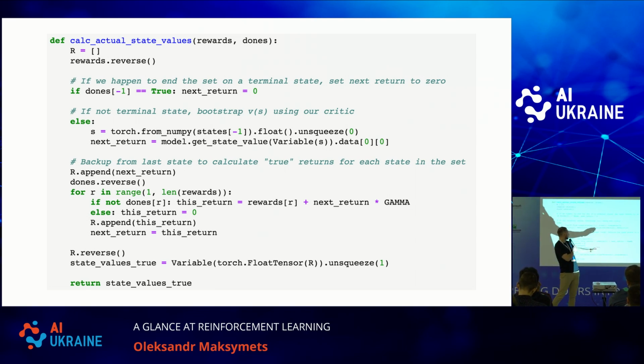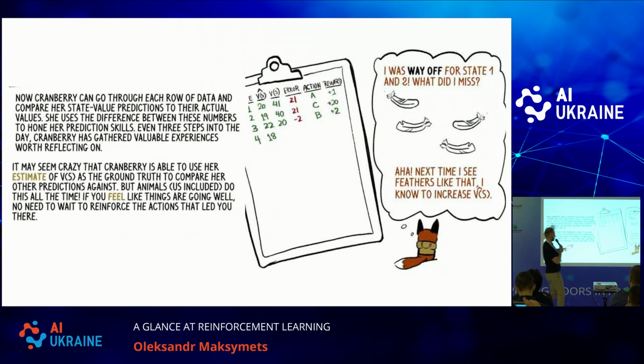We get the state value function for the current state, and we do it only for the last state. All other things we calculate based on that.